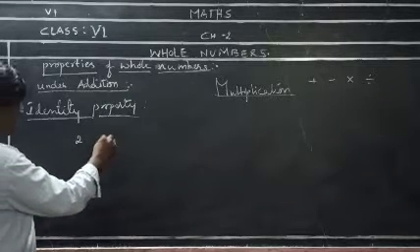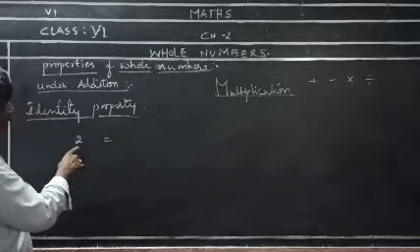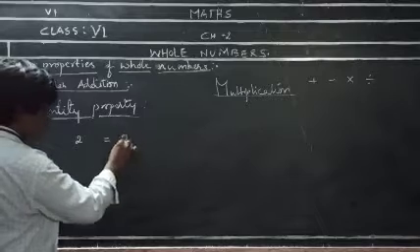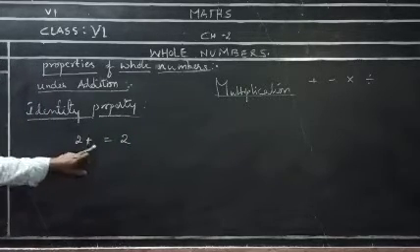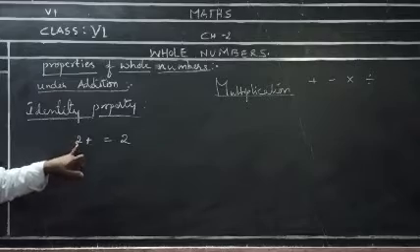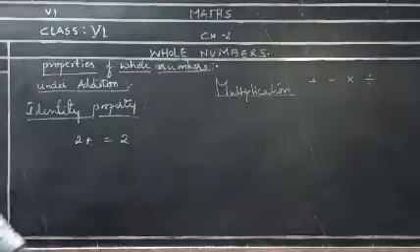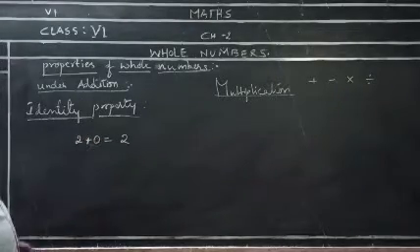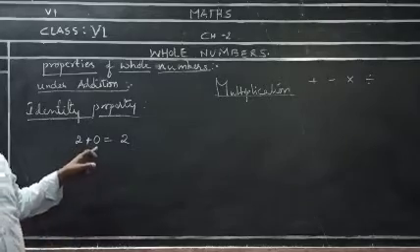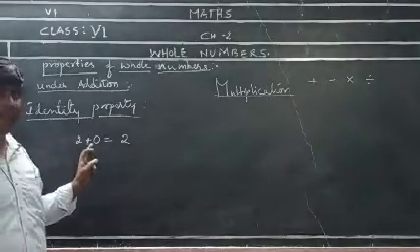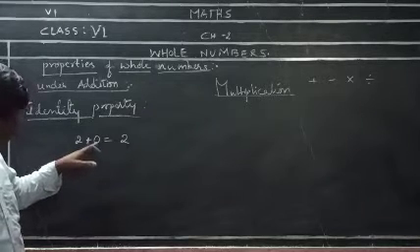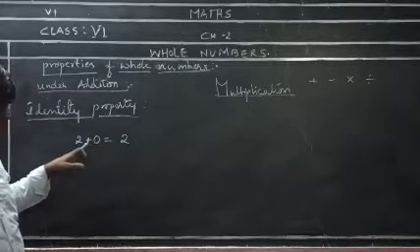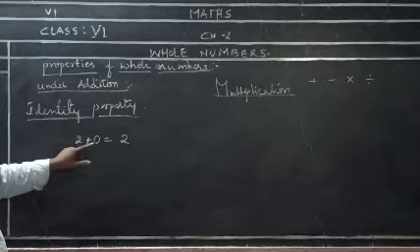What number, if I add to 2, the result becomes 2? Means what number, if I add to the number 2, the result is 2? Means 0. What is 0? Smallest whole number. 0 is the smallest whole number. So if I add the number 0 to the number 2, the result is 2.